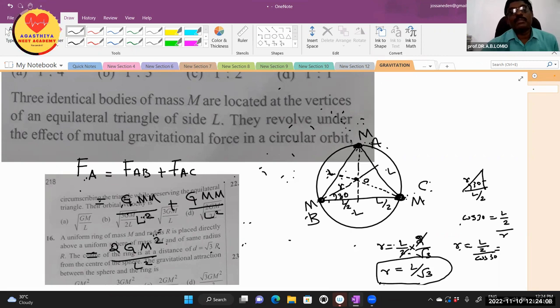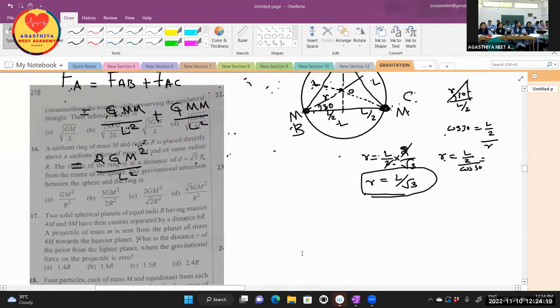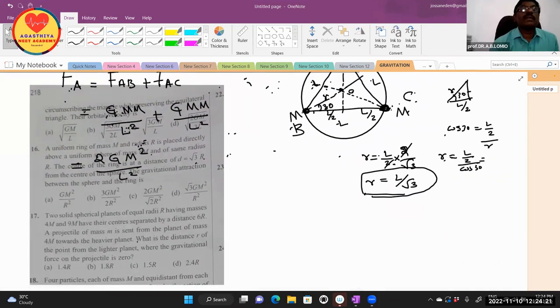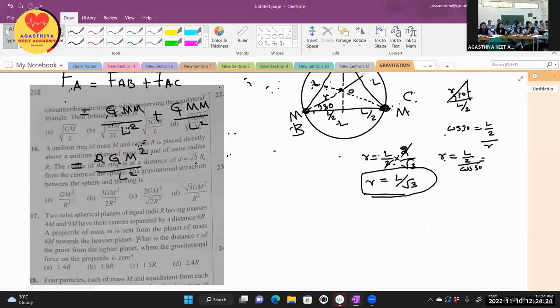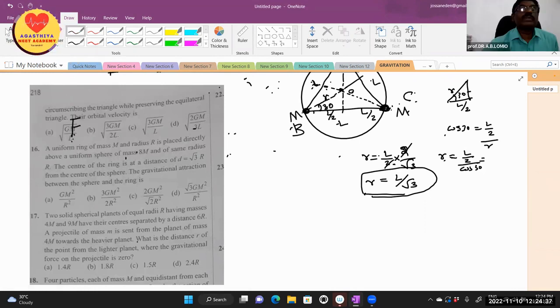Or otherwise you can calculate individually. Don't add now, we will add in the resultant. The force acting at A due to the mass B is equal to G M squared divided by L square.